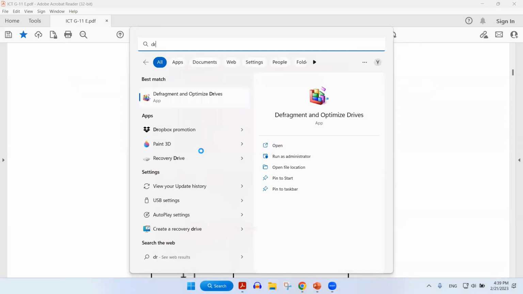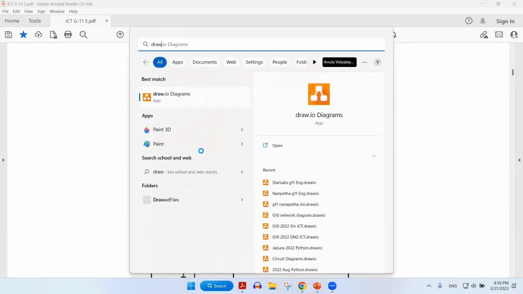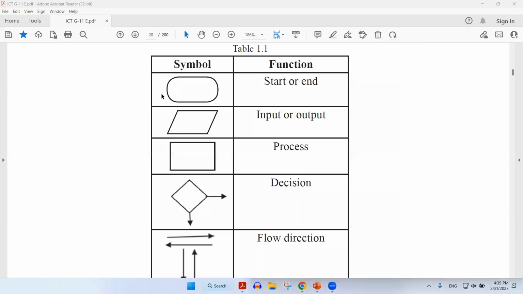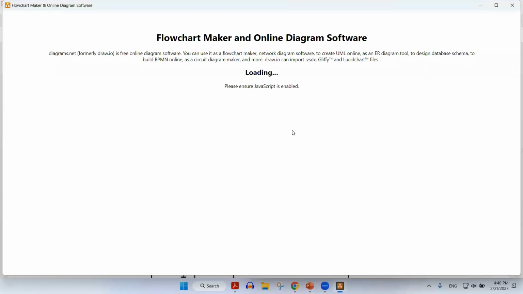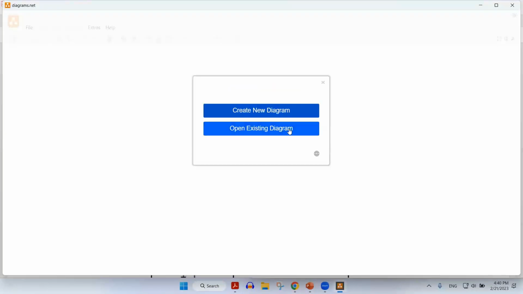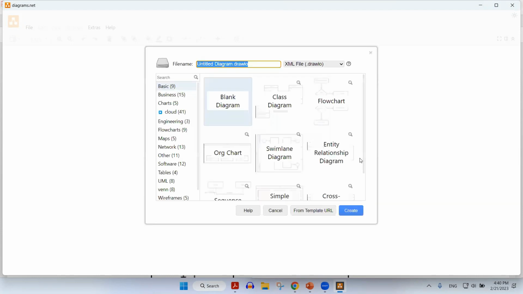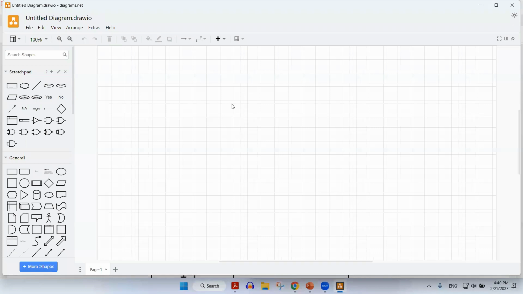So let me take the tool that I'm using to draw the flowchart, right? Even you can use this application. This can be downloaded from the Windows Store free of charge, right? So we use the oval shape like this, people.